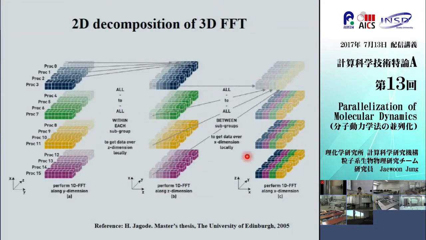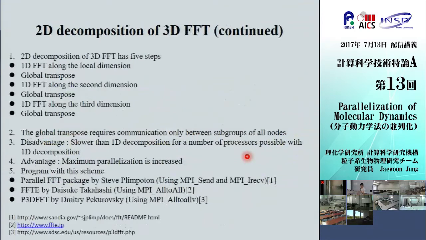So in this scheme, we need to perform at least 2 MPI all-to-all communications. So the number of steps is increased from slab decomposition. Here, we perform one-dimensional FFT and global transpose, meaning MPI all-to-all communication.